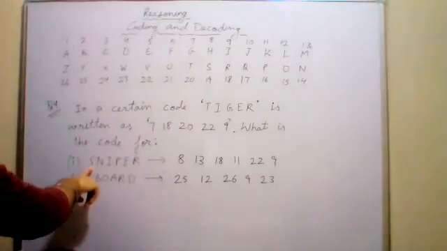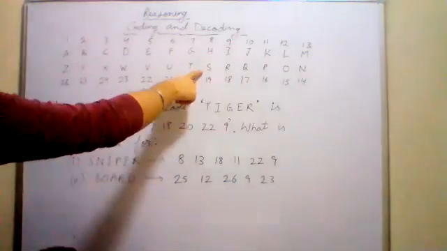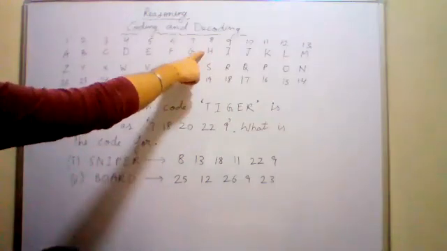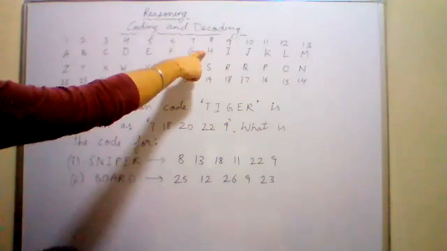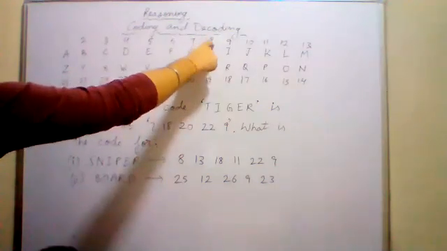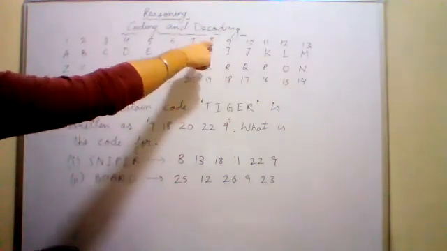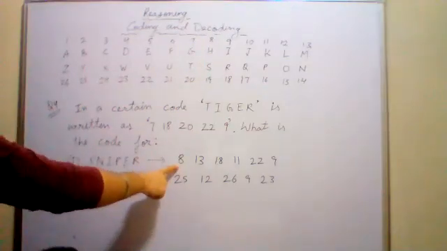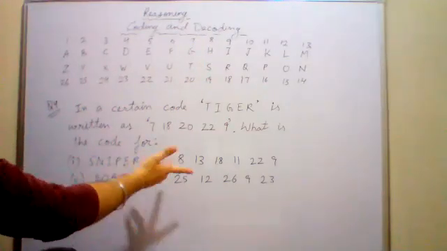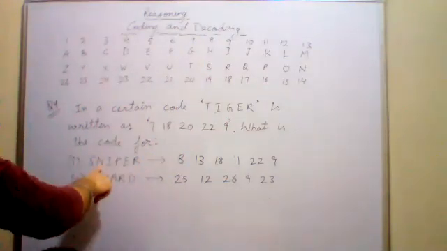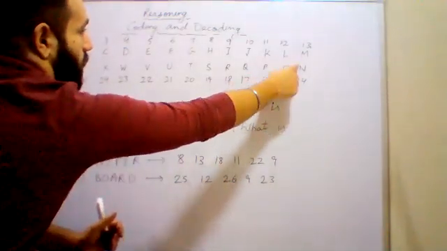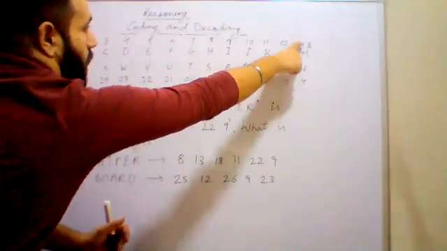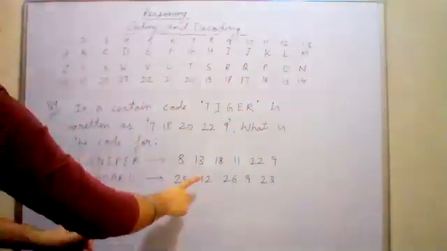First letter is S. Which is the alphabet opposite to S? It is H. You have to write the number of the opposite letter. 8. So 8 will come here. In all the letters, you have to do the same thing. N, the alphabet opposite to N is M. And the number for M is 13.